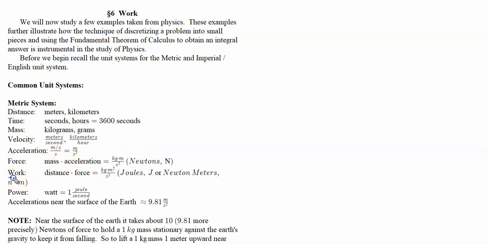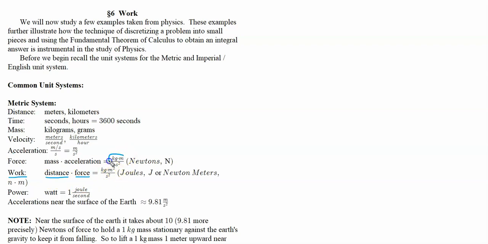The amount of work done by moving an object is the distance you move it times the force required to move that object, as long as the force is constant. Okay? Now we'll talk about what happens when that force is not constant. Now the units associated with this are kilogram meters squared per second squared.